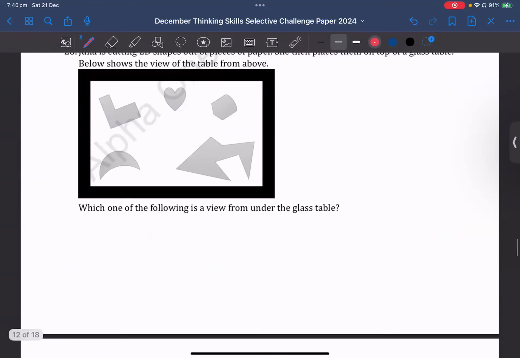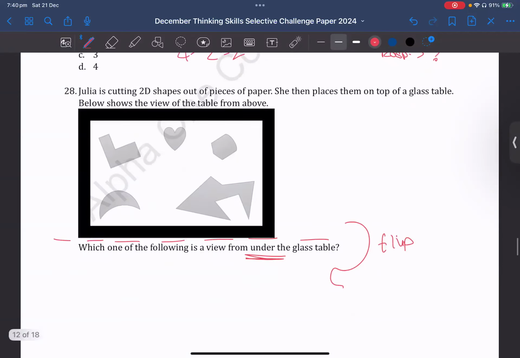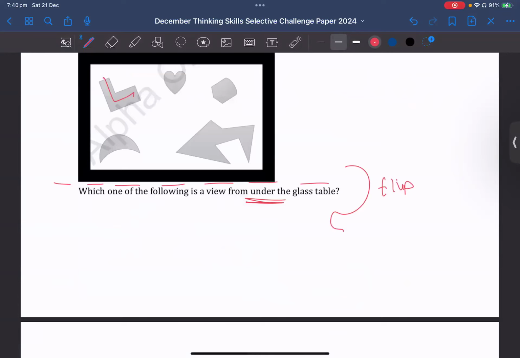So moving on to 28, she's cutting 2D shapes out of a piece of paper, and she wants to find it under the glass table. Now, a quick trick for this is that you just want to flip it sort of upside down. And when you flip it upside down, just keep in mind that this L shape actually ends up looking something like this, further away from the table.